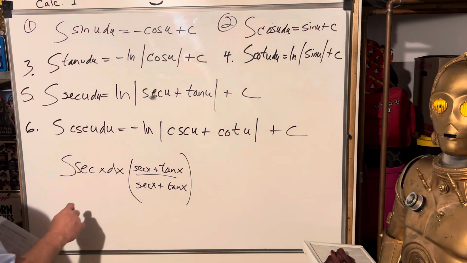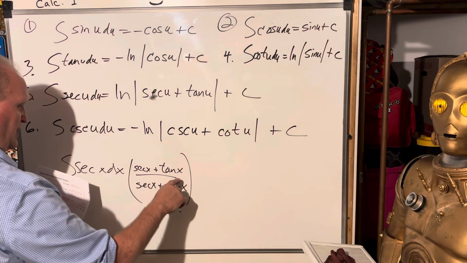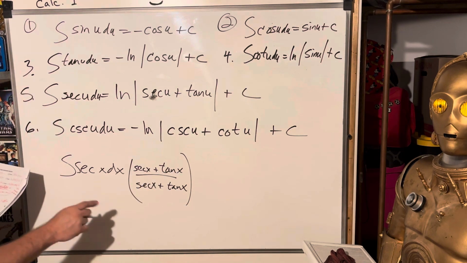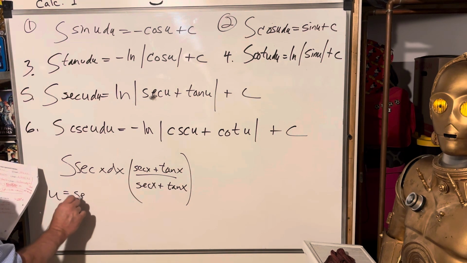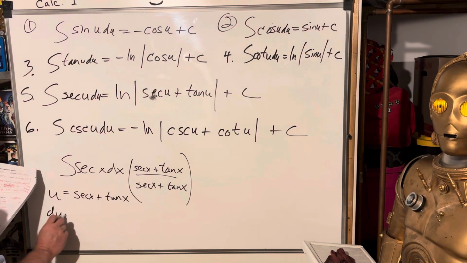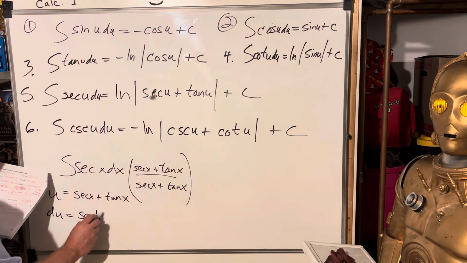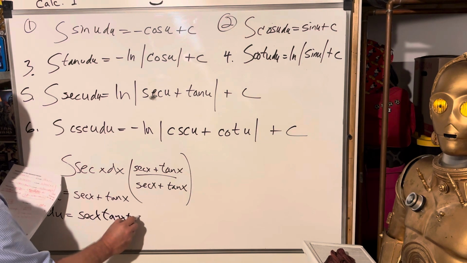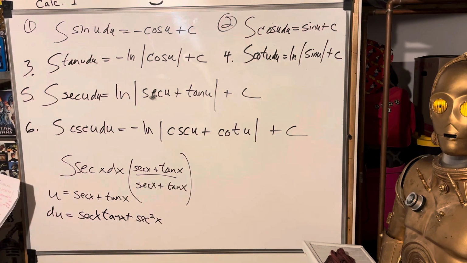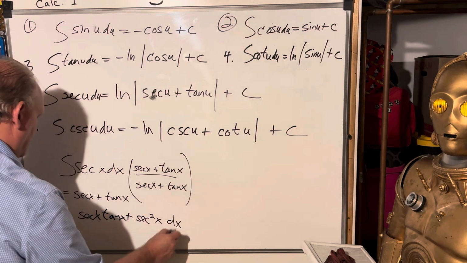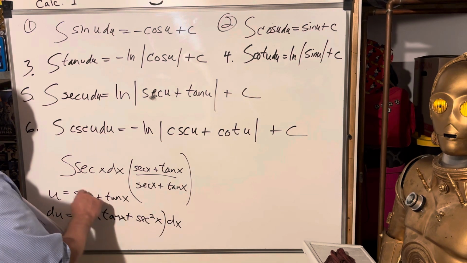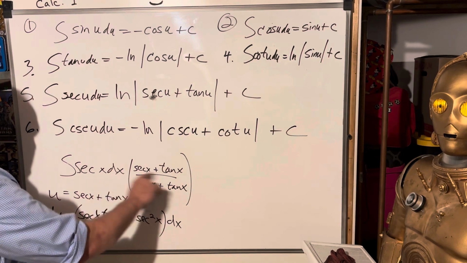If you do that, you get secant squared plus secant tangent on top, and on the bottom you get secant x plus tangent x. Then you say u is equal to secant x plus tangent x, and du is equal to secant x tangent x plus secant squared x dx, which is exactly what the top would be.